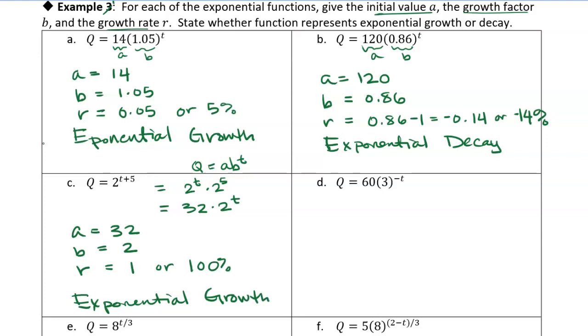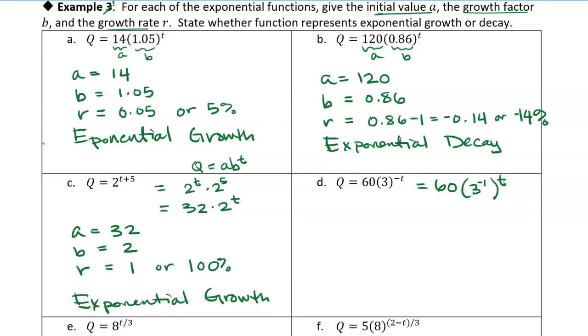Again, now we have to rewrite this next one. We have 60 times 3 to the minus t. Now we don't want minus t, we want t. So let's break this up into 60 times 3 to the minus 1 to the t.